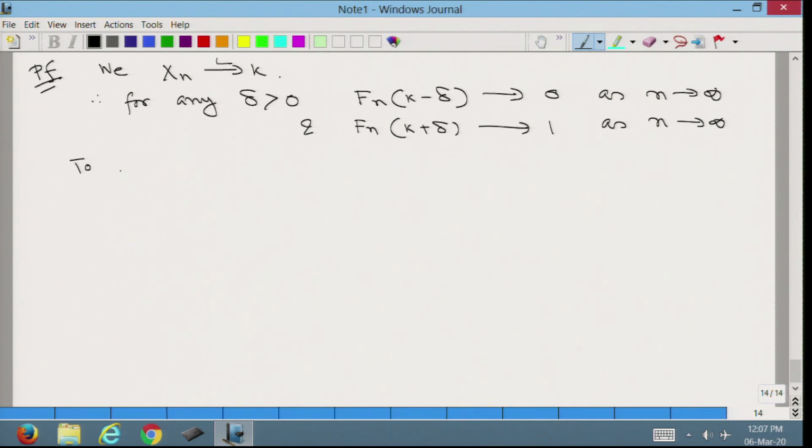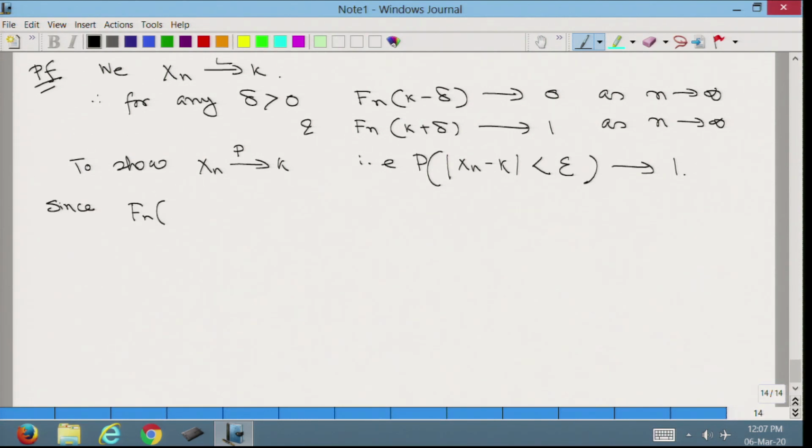To show x n converges in probability to k, that is probability modulus of x n minus k less than epsilon goes to 1.